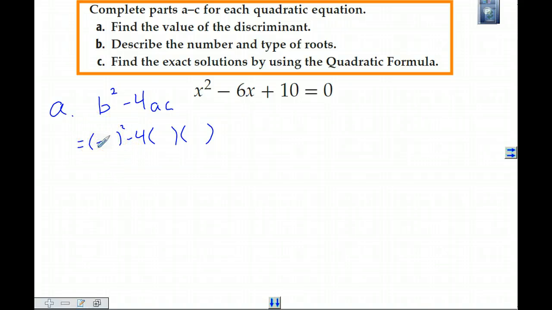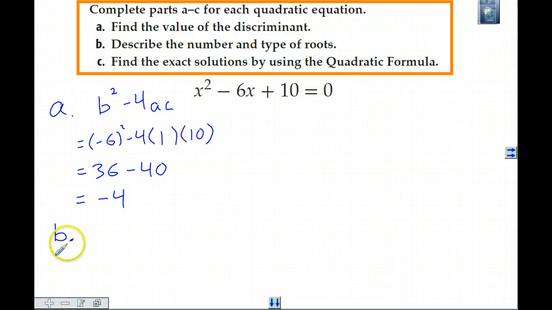So B is negative 6, A is 1, C is 10. So this equals 36 minus 40, which is negative 4.